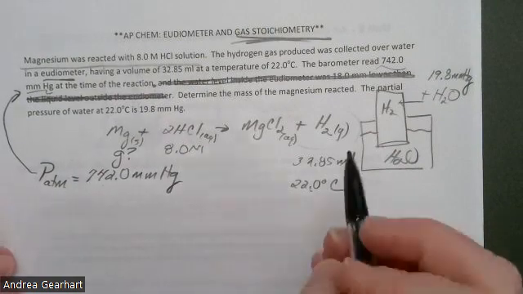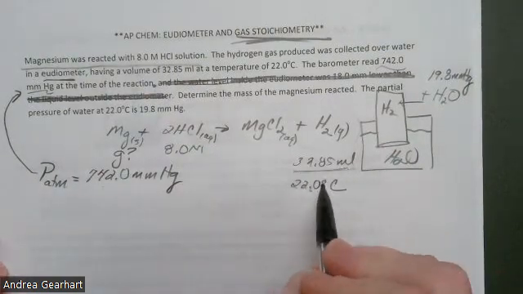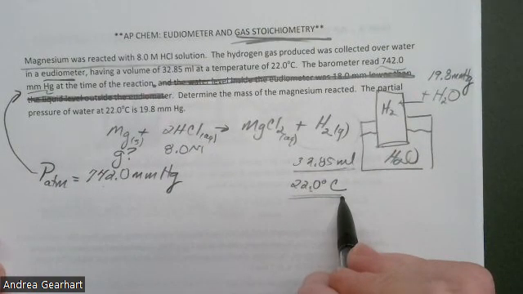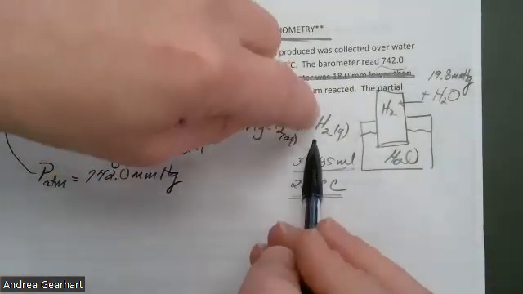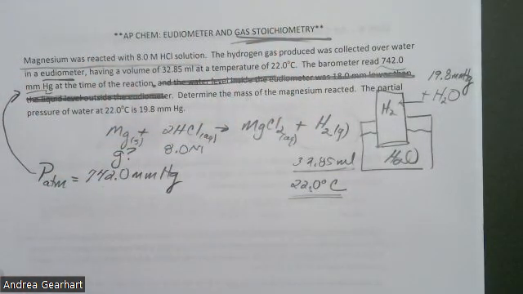So we know the volume of the gas. We know its temperature. We're doing stoichiometry. What should we do? Isaac?